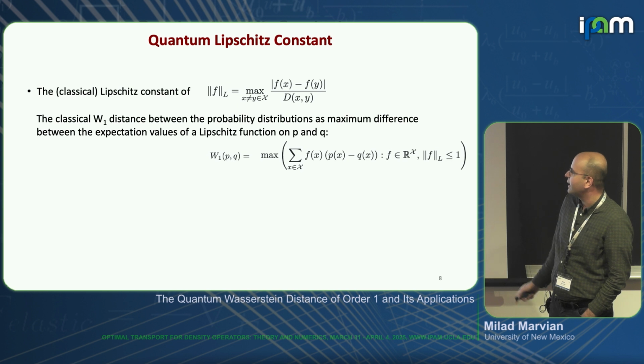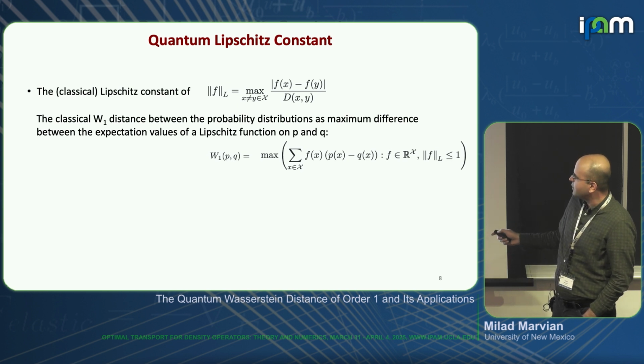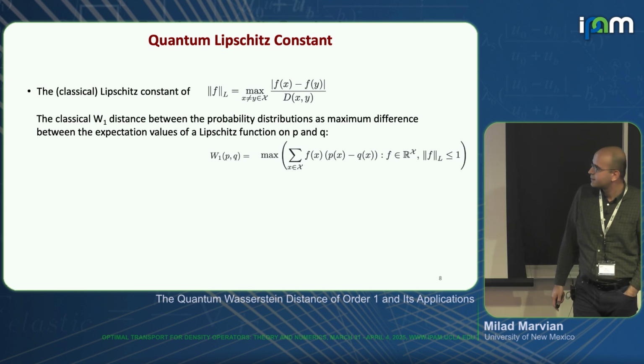You can define the W distance by the maximum difference we can get between these properties weighted by this function, right? It's a dual picture of the W distance.